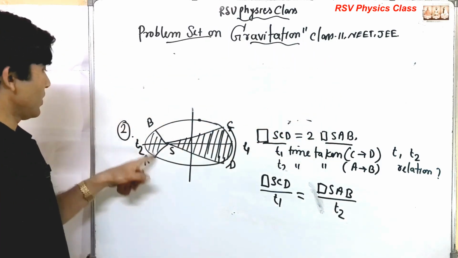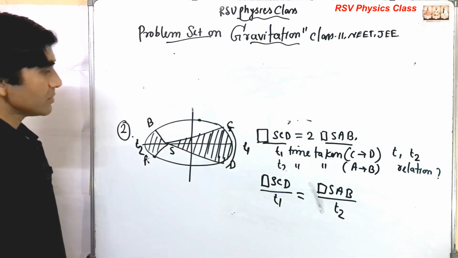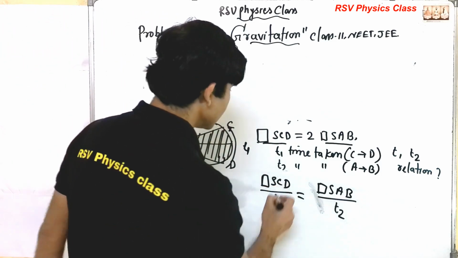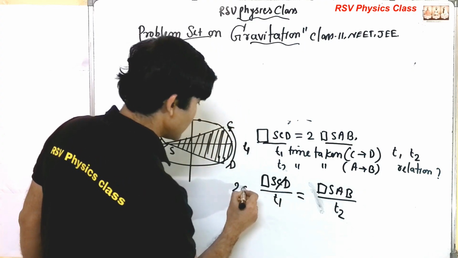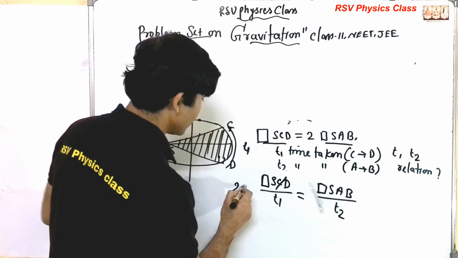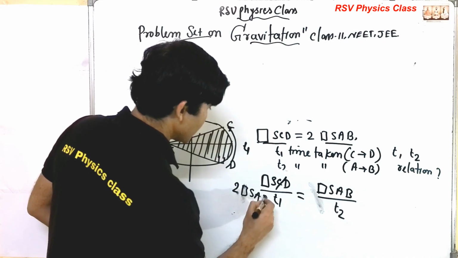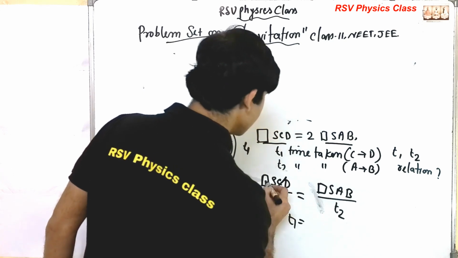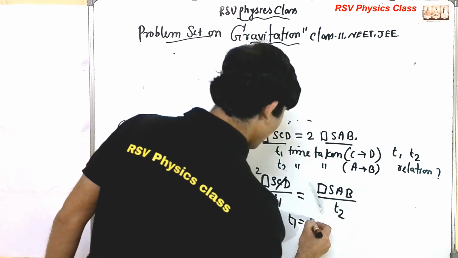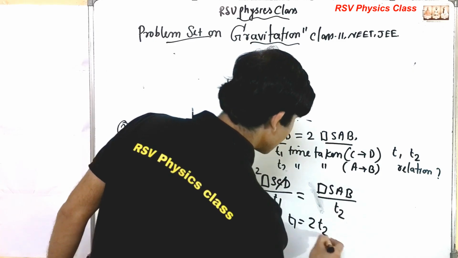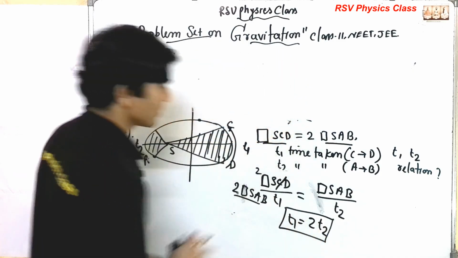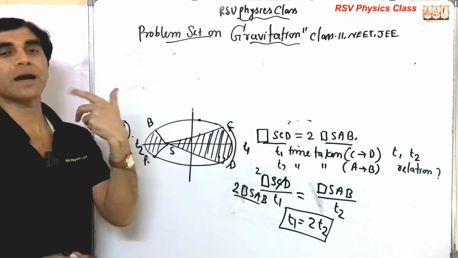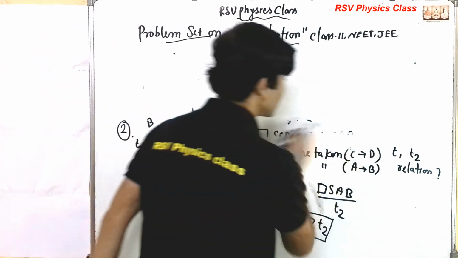Now SCD equals twice SAB. So T1 will be twice T2. From areal velocity and angular momentum conservation, these types of problems may come, so you should be able to solve them.